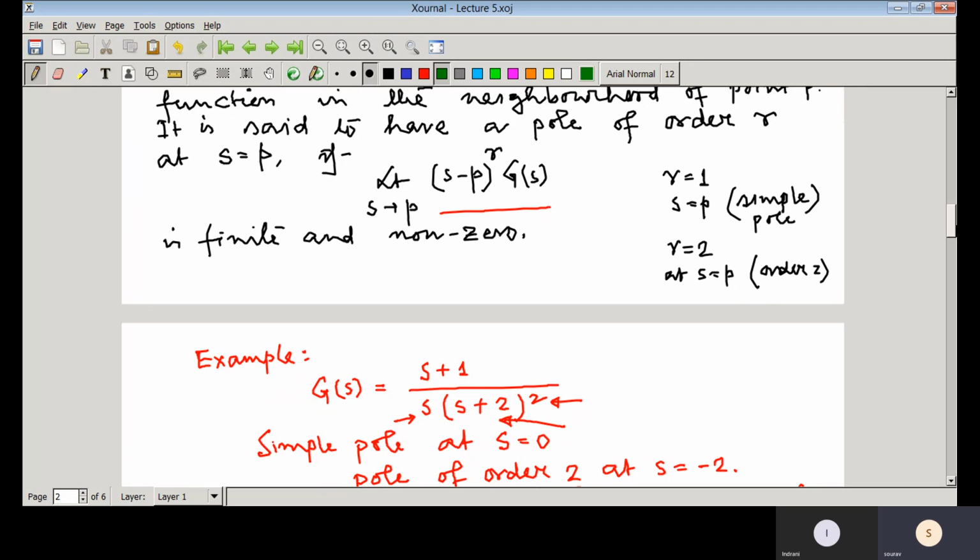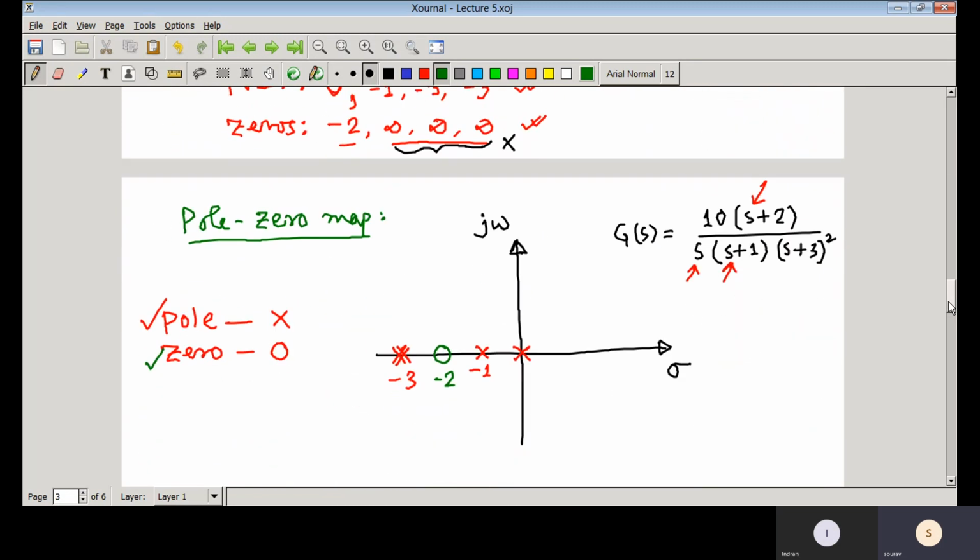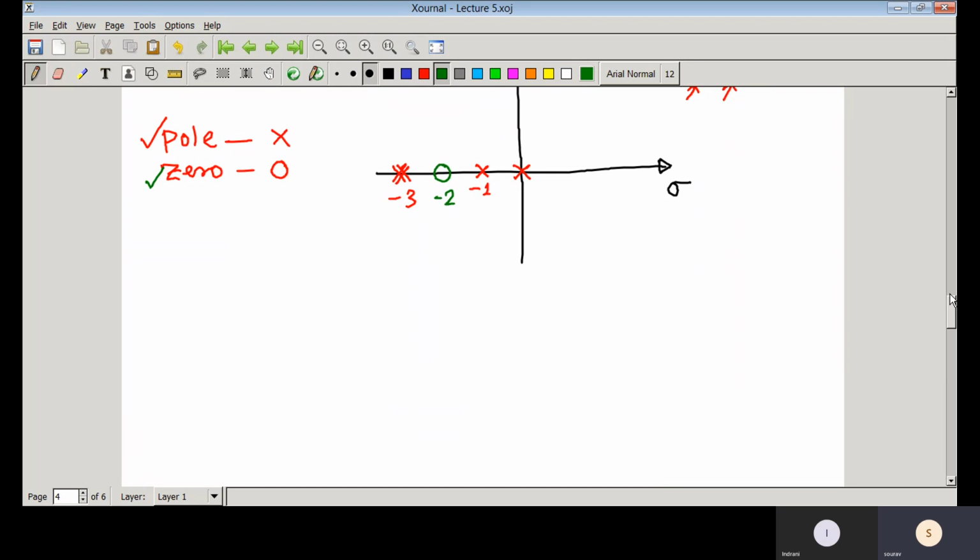Then we have seen how to present those poles and zeros in a plane, that is the pole zero map. So now I will be giving you just some advantages, disadvantages, and the basic concept of Laplace transform. I think you all are familiar with and expert in Laplace transform because you have studied these things in signals and networks.